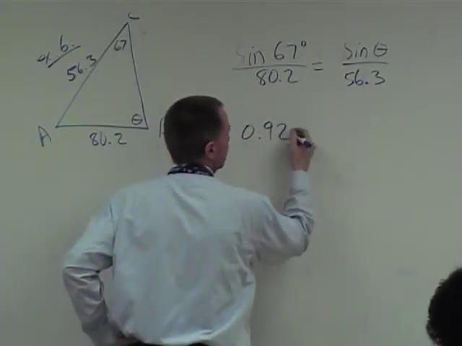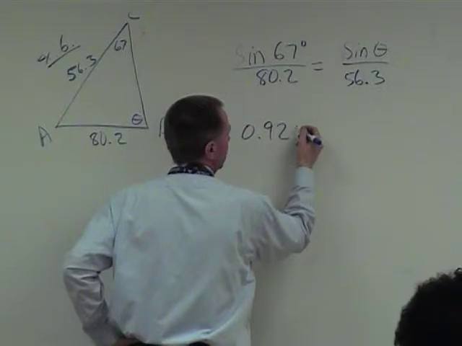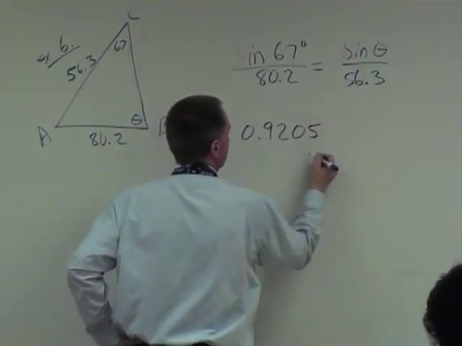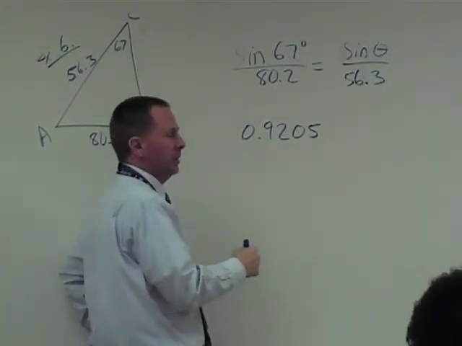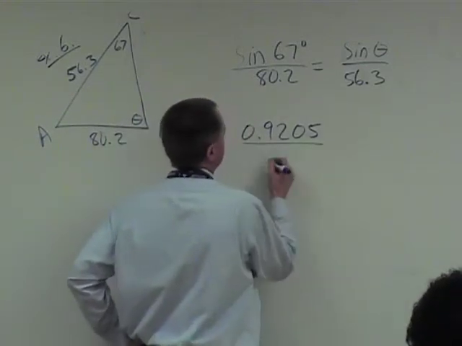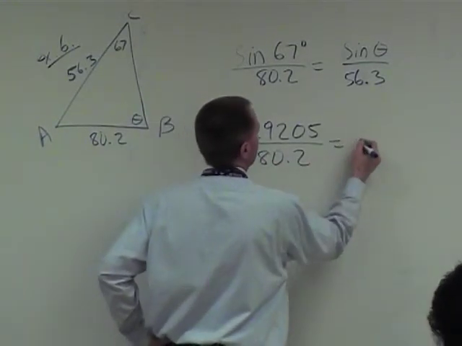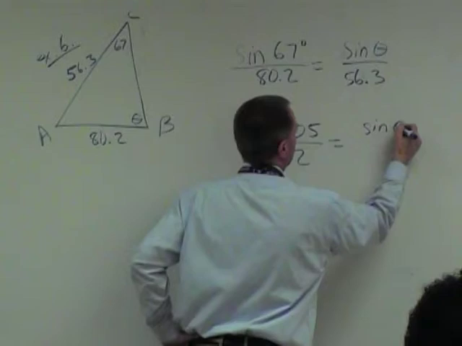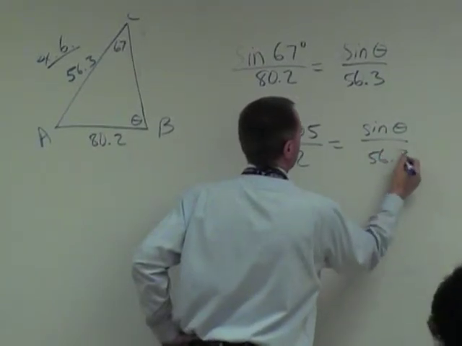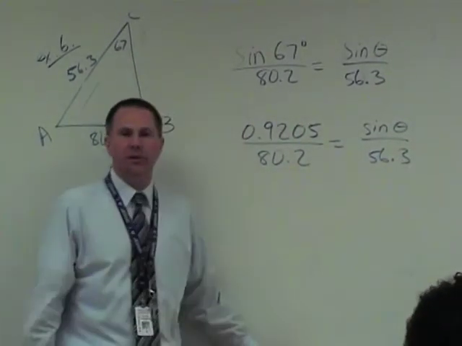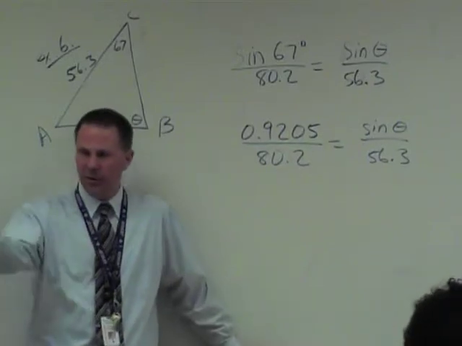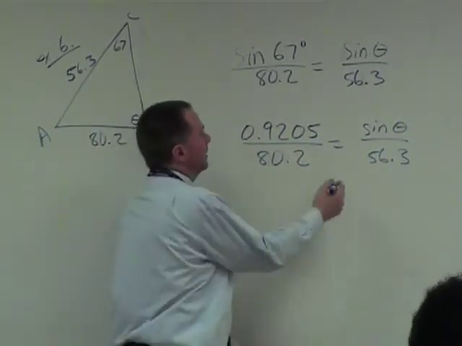Go up 4 decimal places. 0.9205. How do I solve this equation? Cross multiply.